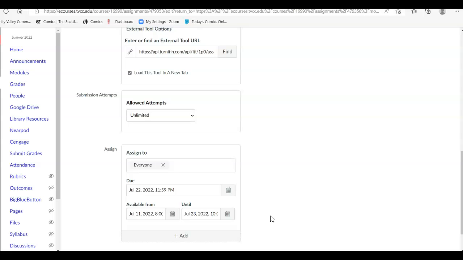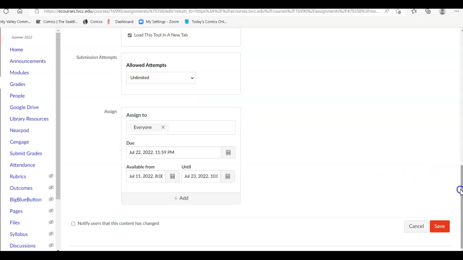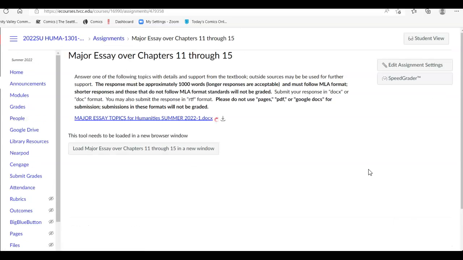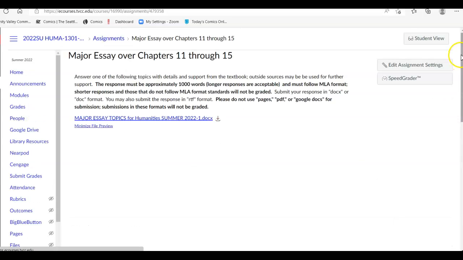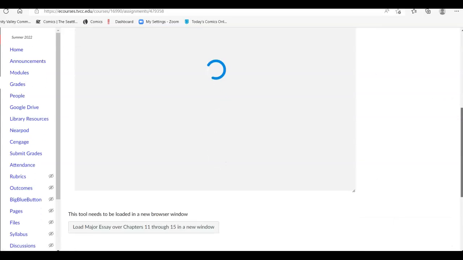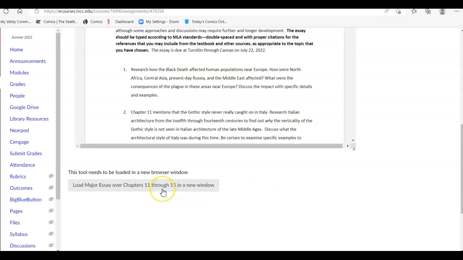But you do have until the next day to make sure everything gets submitted. So I hope that will clarify what you are to do and how you are to do this. And again, when you are ready to submit, you scroll down, find the gray bar, click on it. That will take you into Turnitin, and then you will simply go from there.